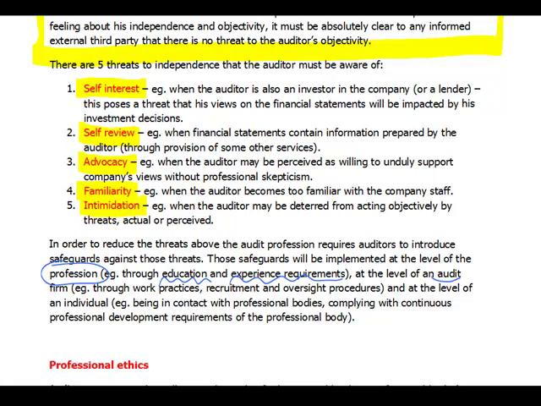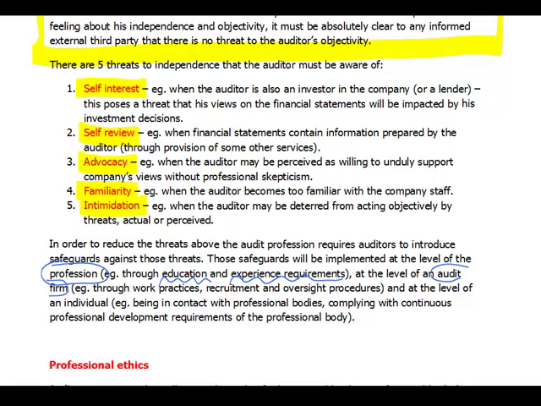Then there will be some safeguards at the level of an audit firm. The firm will have work practices that will detect any possible cases of problems with independence. Recruitment in the firm should only attract people of high ethical standards, people who are capable of learning and applying the rules that are binding for the auditors.